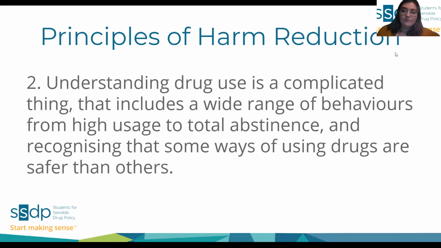So what this principle is trying to say in general is that drug use is really, really complicated. Why people use drugs and how they use drugs can vary drastically, from somebody drinking a coffee every morning to somebody using heroin and a range of other drugs 15 to 20 times a day, you know? So it can be really, really varied.